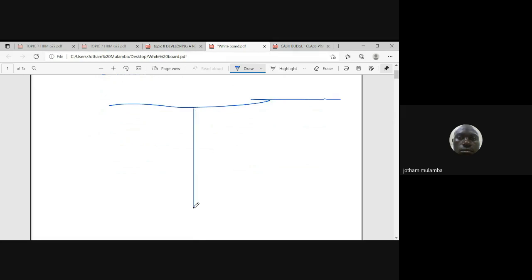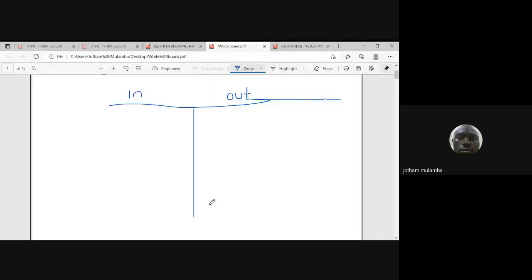So for us to identify money in, then we'll have on the other side money out. So we want to identify, and for us to do that, we read the additional information one by one. So I would like to request a volunteer. Somebody will read us the first additional information. Okay, we can start from the top, from the question.